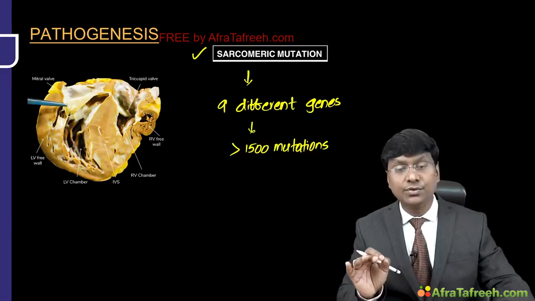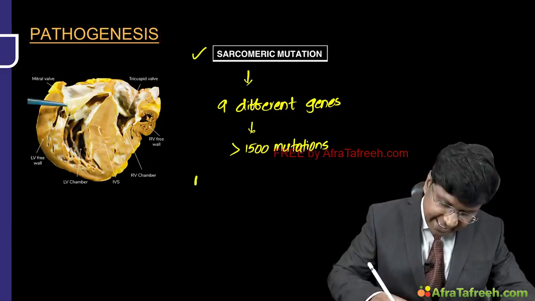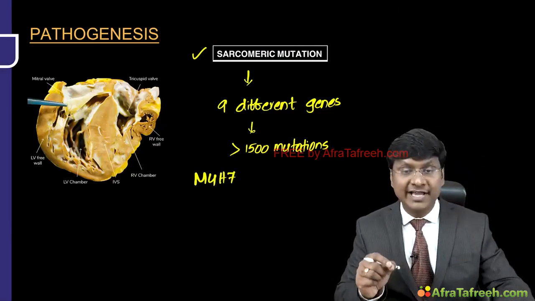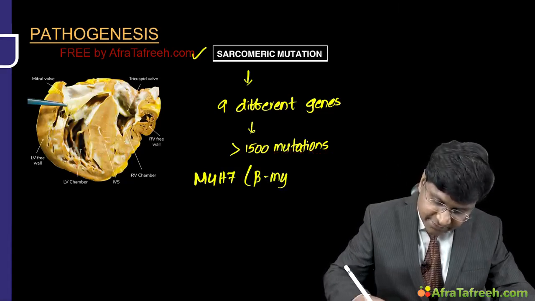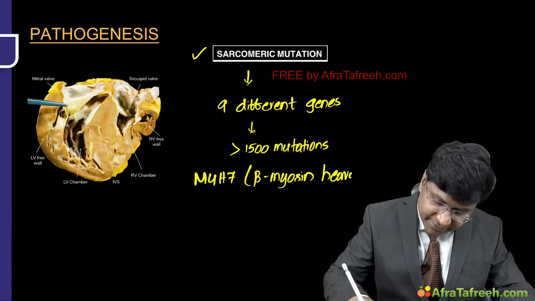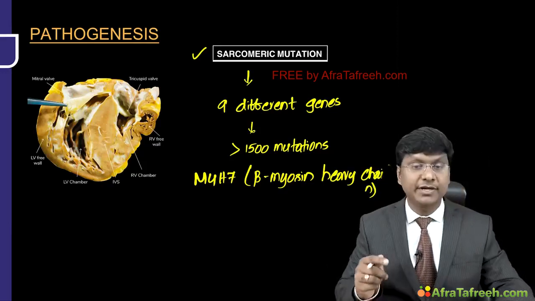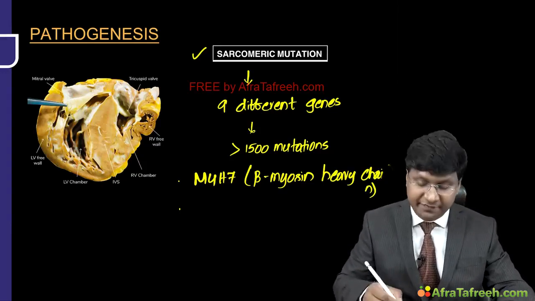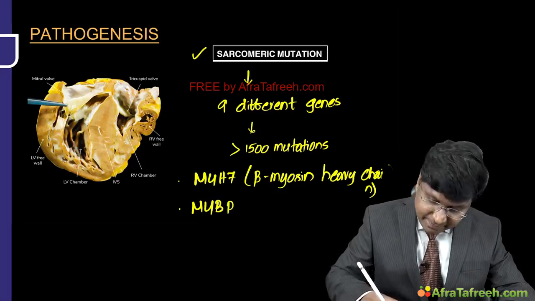Now, you need to know the most common gene which is being mutated. That is MYH7, which stands for beta-myosin heavy chain. This is the most common mutation you come across in hypertrophic cardiomyopathy. The other gene which is defective is MYBPC3.